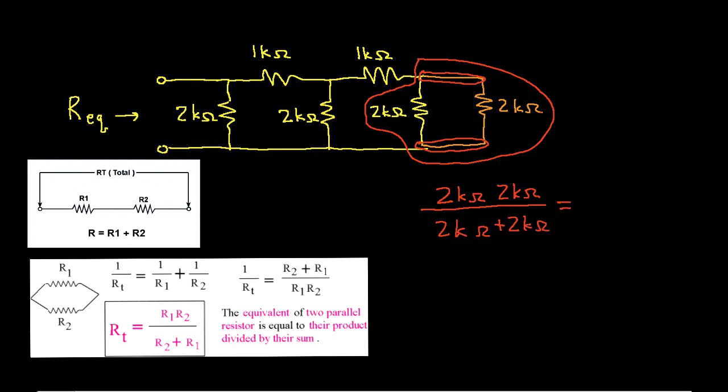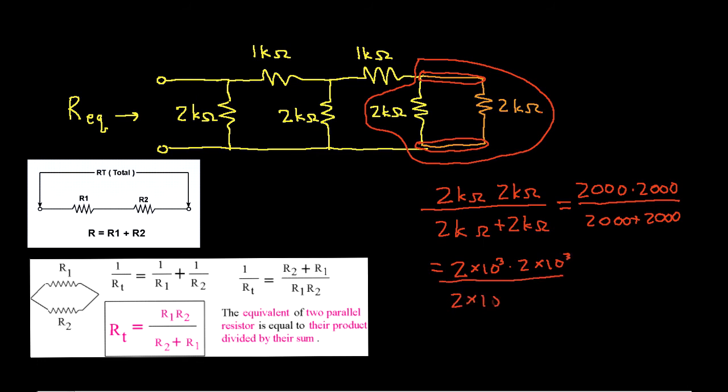And again, if you're not happy working with the prefixes k, M, and so on, you need to get happy with it, so practice it. But you can write this as 2000 times 2000 over 2000 plus 2000. A better way to write this would be 2 times 10 to the third times 2 times 10 to the third, divided by 2 times 10 to the third plus 2 times 10 to the third.